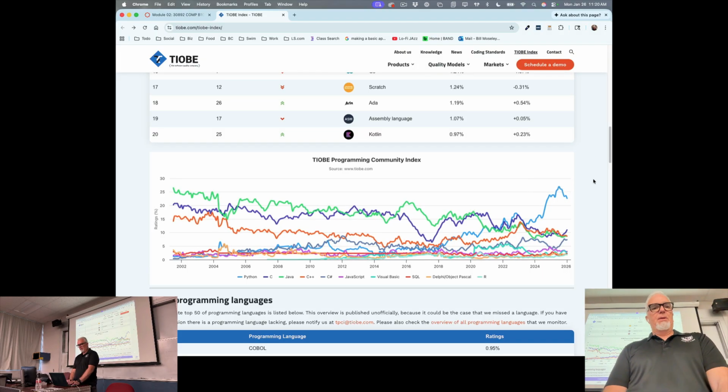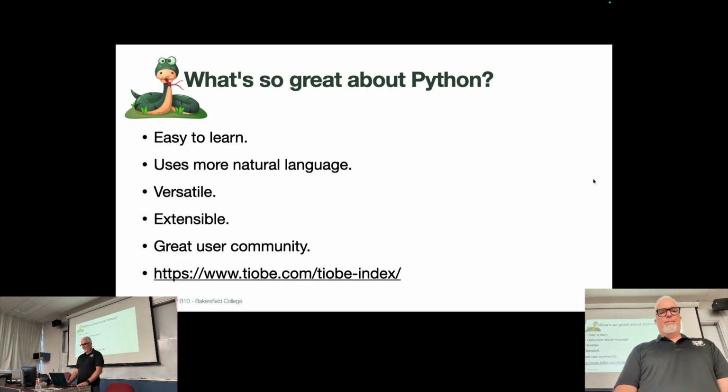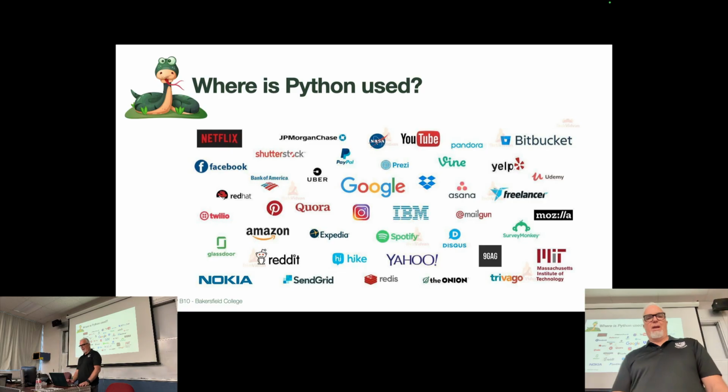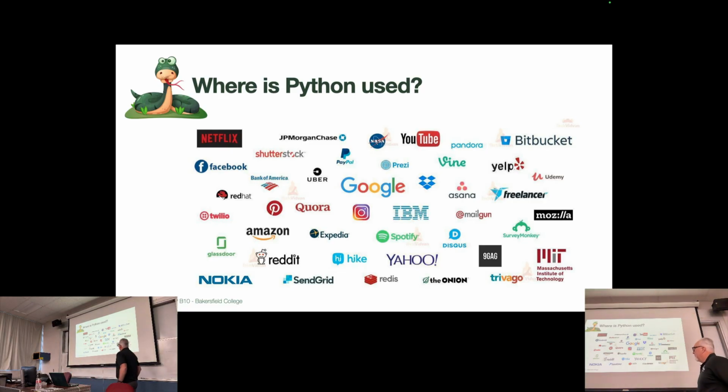Okay, so that is just a little bit of background information on Python, why we're studying it. If you learn Python, if you become proficient at Python, you might be eligible to get a job at any one of these companies. Every single one of them uses Python in what we call a production environment. That means they have Python code that is actively running in one or more of their main products.